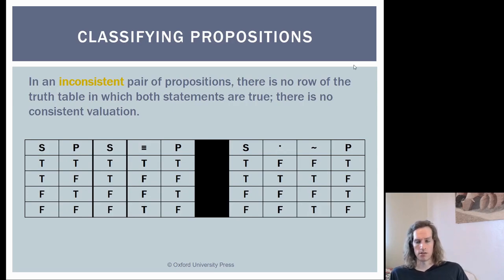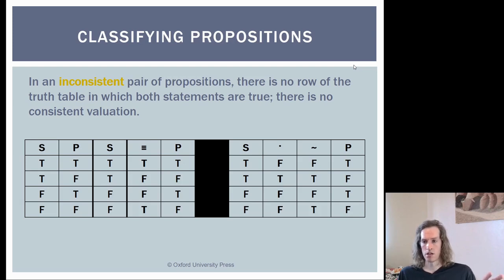Conversely, an inconsistent pair of propositions is one where there is no row of the truth table in which both statements are true. There is no consistent valuation. This means that it's impossible for both of these propositions to be true at the same time as each other. They don't have to be exact opposites.